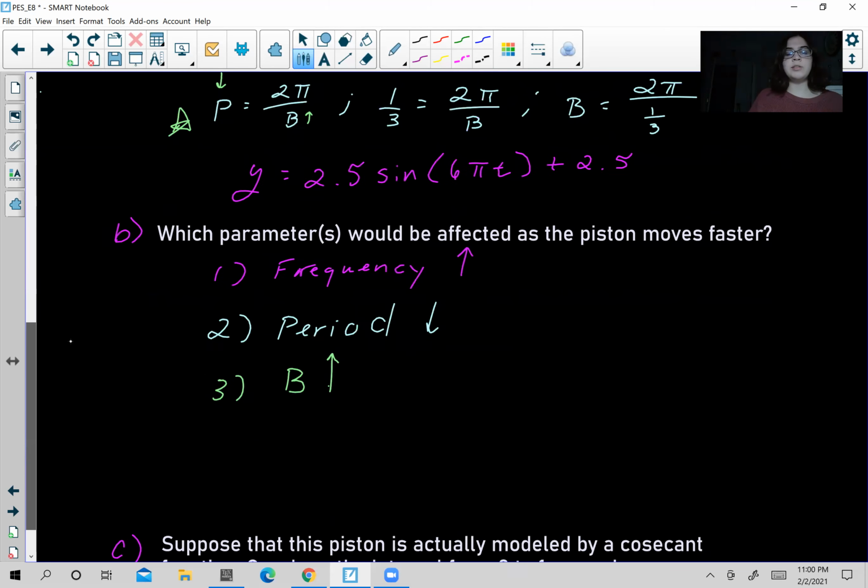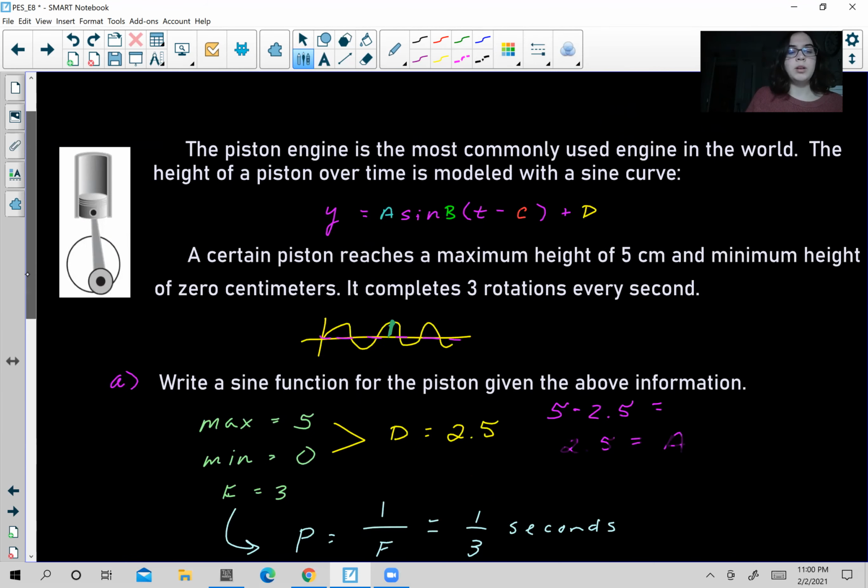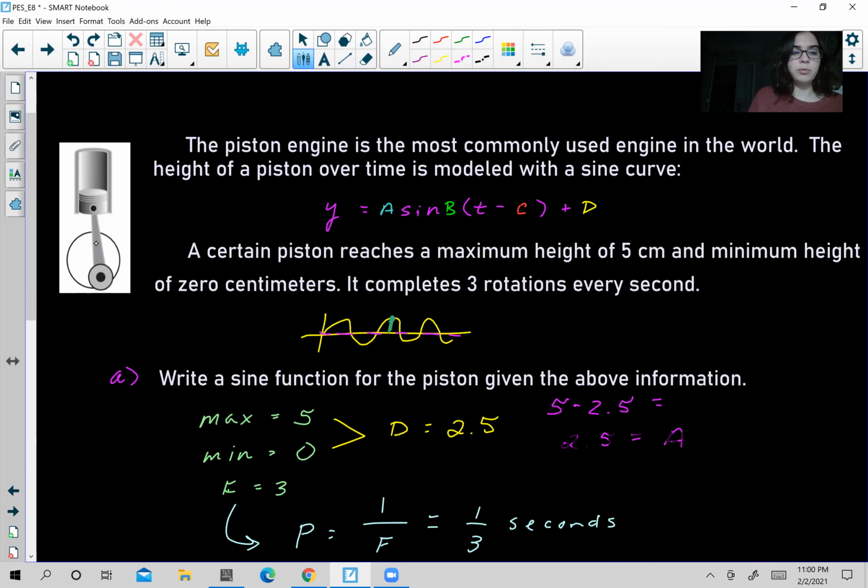Okay, and then let's look at these other parameters and see if those would be affected. We never had a phase shift, so definitely not that. Amplitude could be kind of tricky, but when you think about it, this rod right here is just moving along this circle.